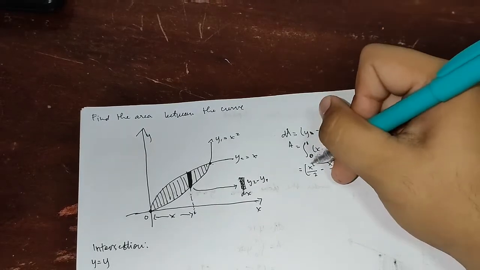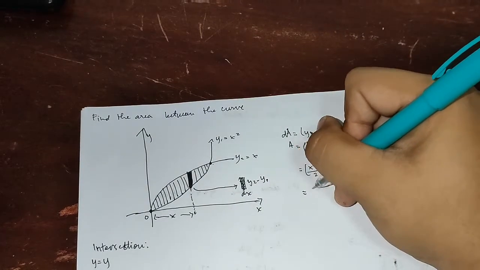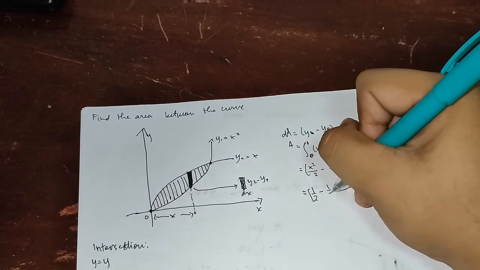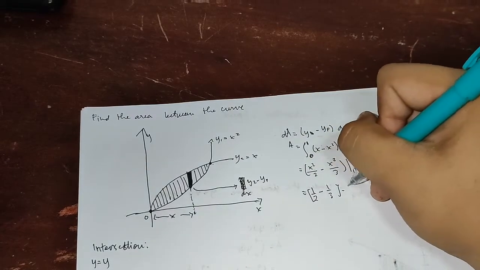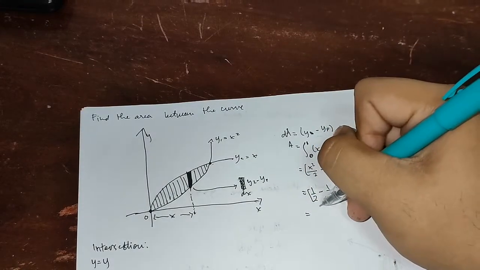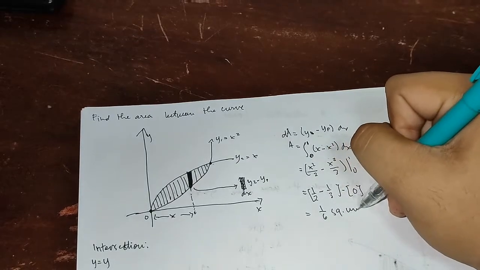Here we just use the power formula, so it equals 1/2 minus 1/3, and at 0 it is 0. So the answer is 1/6 square units.